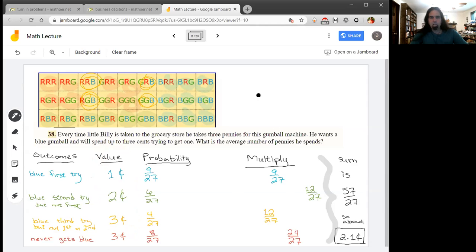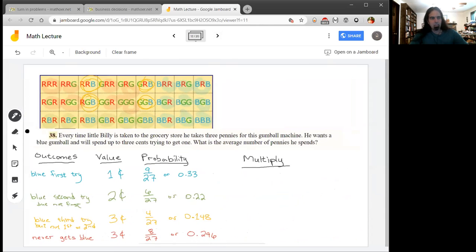If you don't like the fraction math, cross out that one, then you would have 1 times 0.33 is 0.33. 2 times 0.22 is 0.44. 3 times 4 divided by 27 is 0.44 again.